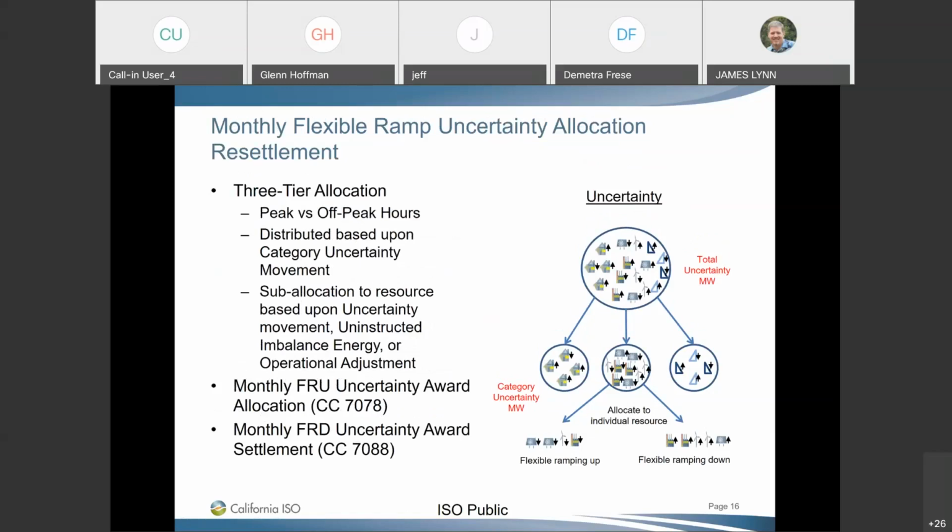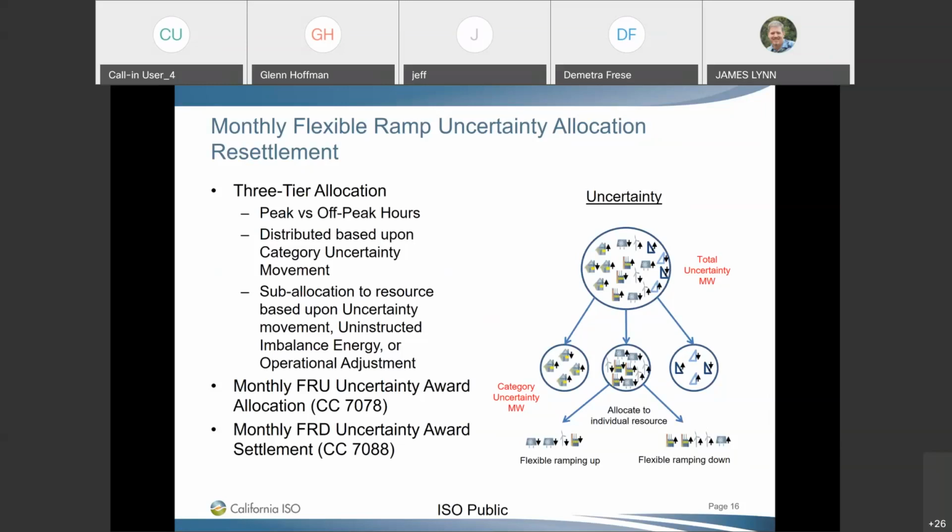Basically, in any one given day, we didn't want to penalize specific resources or specific areas with all of that uncertainty cost, because it could have just been that he was the unlucky resource to be moving in the direction that the cost should be allocated.